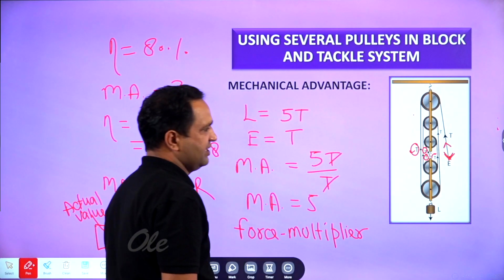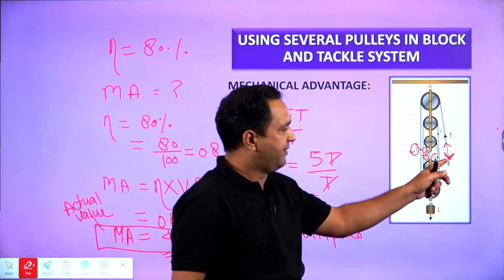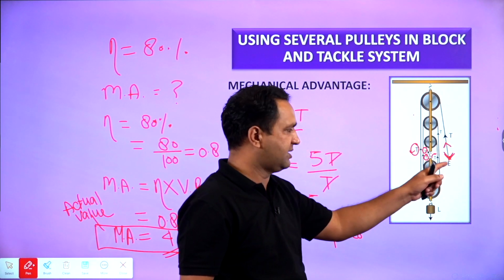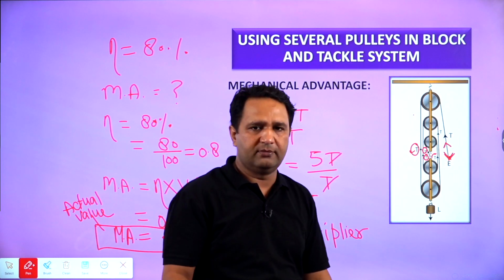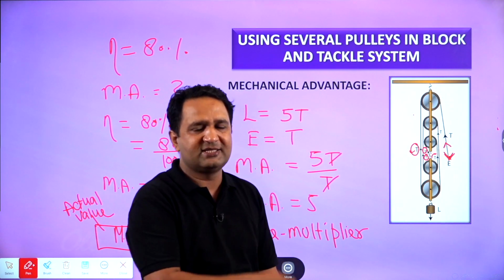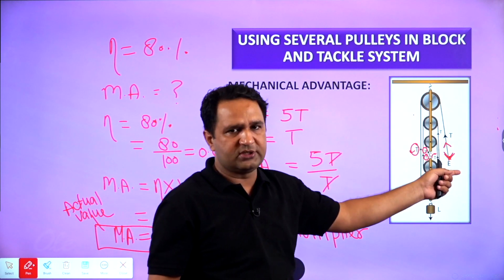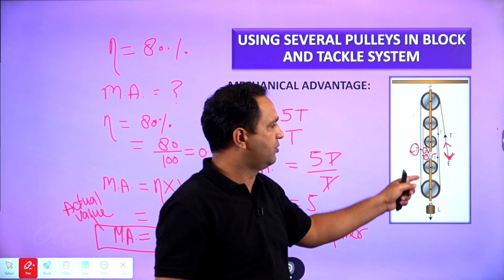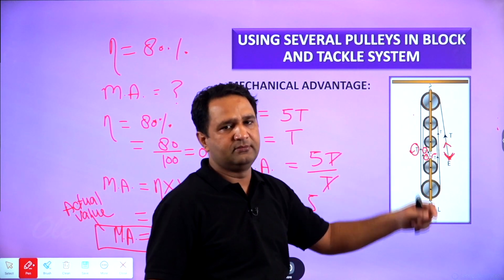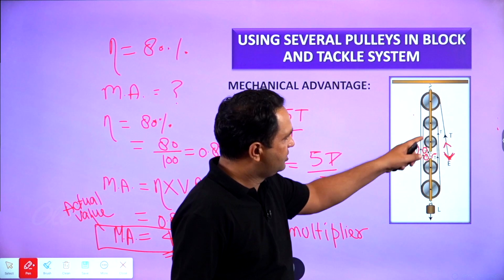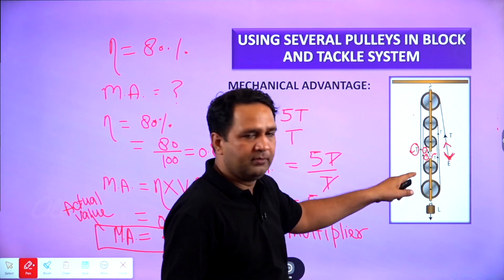Why the efficiency is reduced? Because more effort will be applied at this side due to the friction of bearings at axle and due to the other resistive forces, due to the weight of this rope, due to the weight of pulleys, right? So the weight of these pulleys should be minimum.